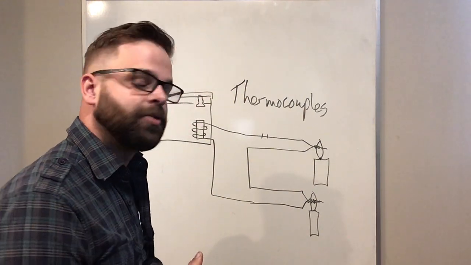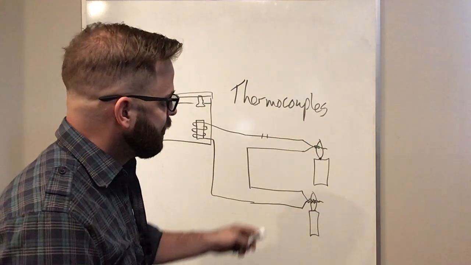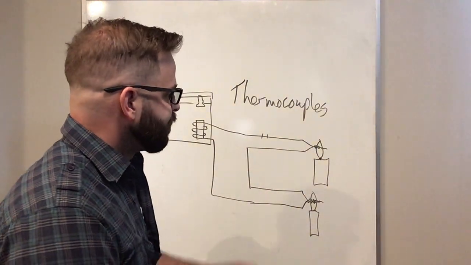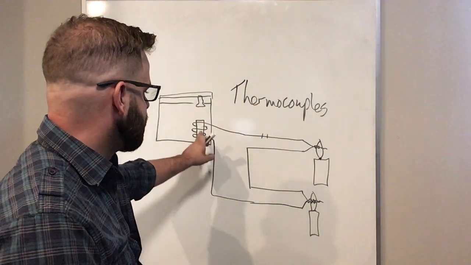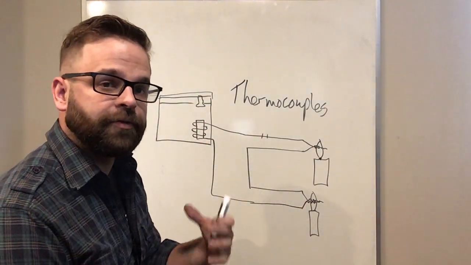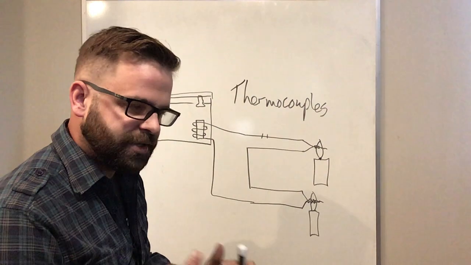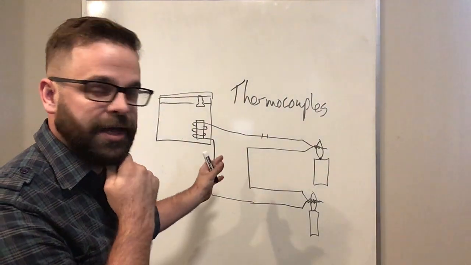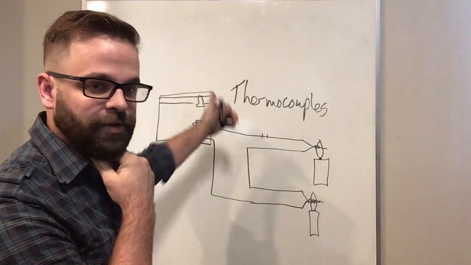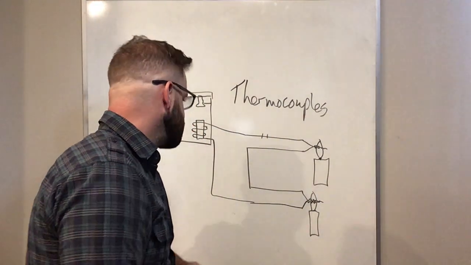It will then decrease the voltage output from the thermocouple, and when that thermocouple voltage is reduced, then obviously my solenoid won't have enough current there, or potential difference, in order to keep that solenoid energized, so my valve will then close.